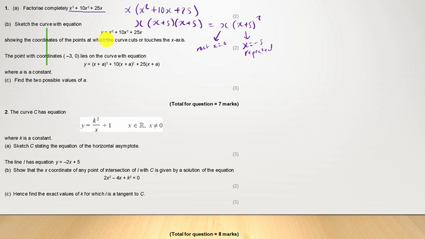Sketch this curve, showing the coordinates of the points at which the curve cuts or touches the x-axis. So when it touches the x-axis, y equals 0, so I think we've done that. And we should check, so when x equals 0, we get 0 times 5 times 5, but that's still going to be 0, because 0 times 25. So that covers that.